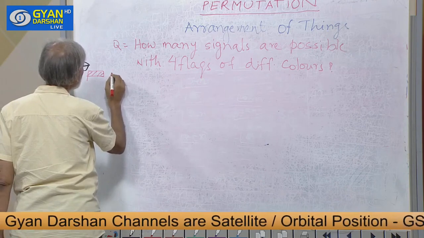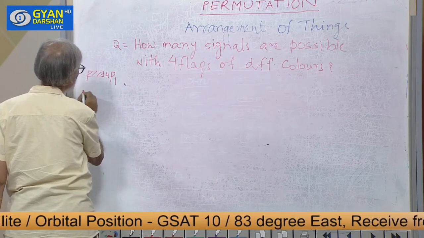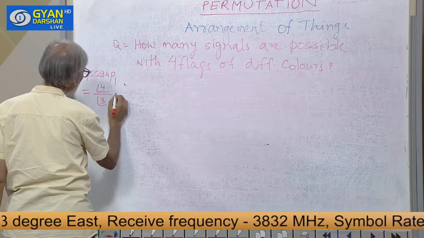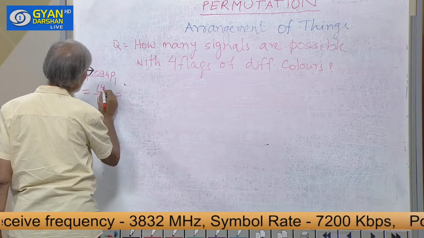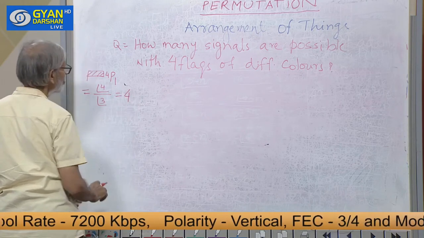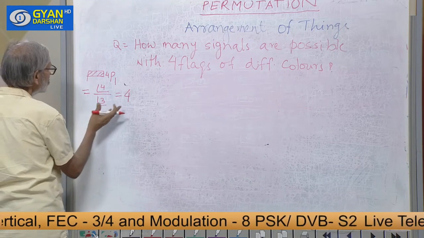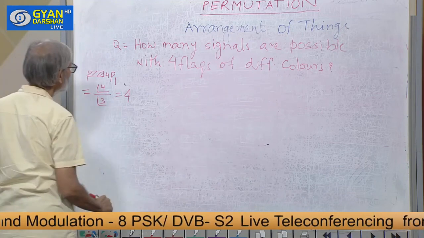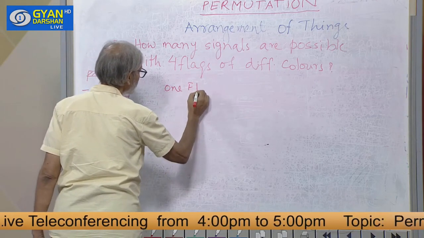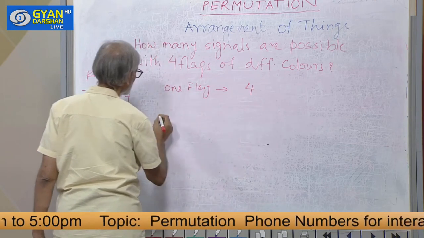So it will be equal to 4 P 1, which is equal to factorial 4 divided by factorial 3, which is equal to 4, because factorial 3 will cancel out. So it will become 4. Very simple, four color flags, so taking one at a time, it will become 4.